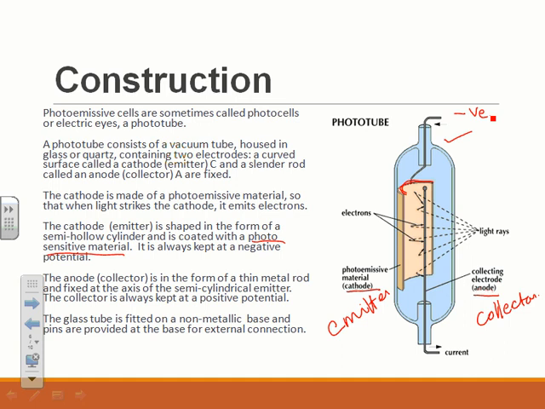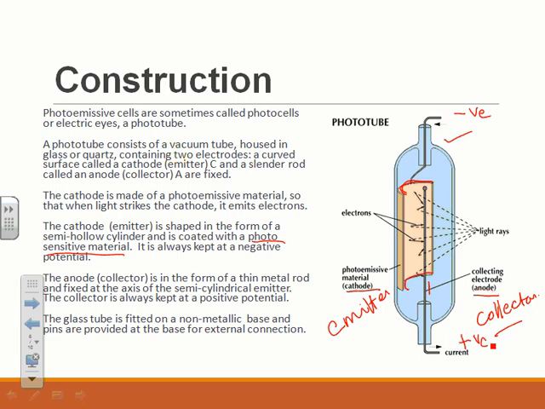And the second electrode is the anode, or collector. It is a thin metal rod, as seen here, which is placed in the axis of the semi-cylinder emitter, and a positive potential is applied to it.